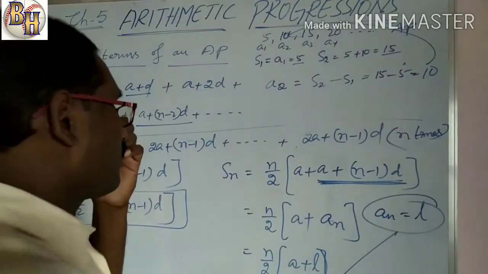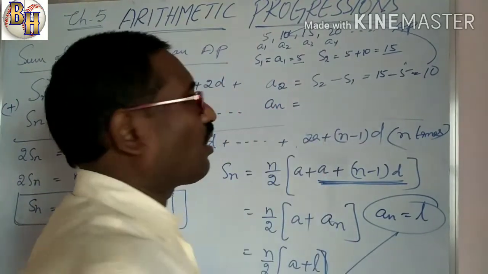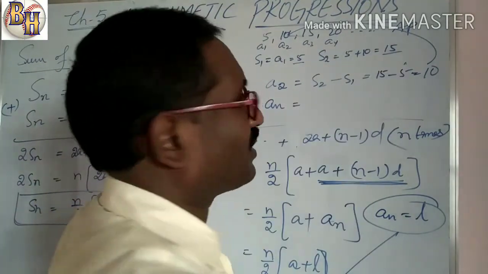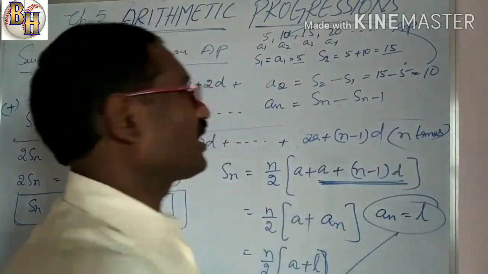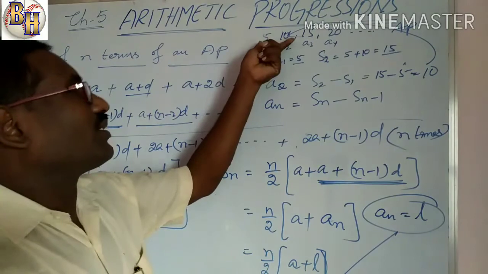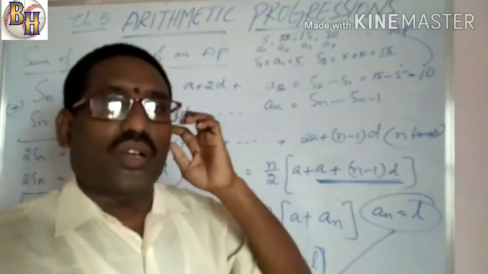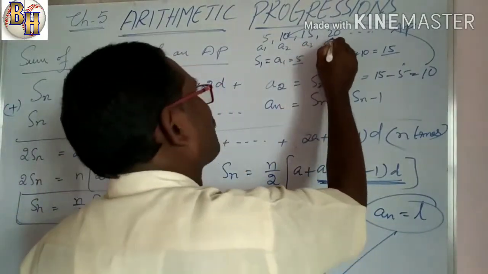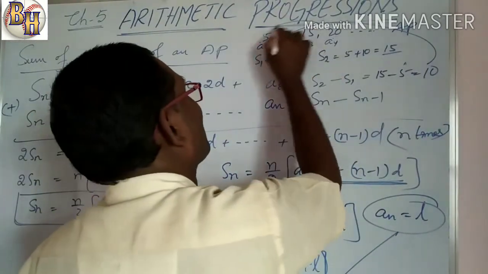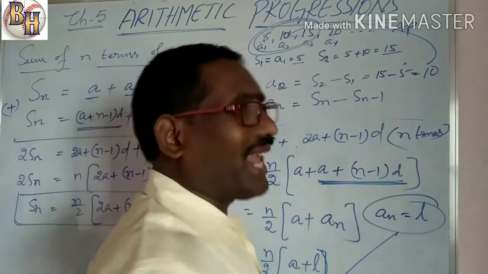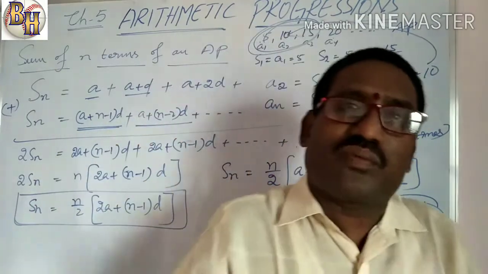Suppose for example, for the nth term An, if you want to find it, it is Sn minus Sn minus 1, the previous sum. Suppose this is the fourth term. If you want to find it, take the sum of the first four numbers minus the sum of the first three numbers, then you will get the fourth number.